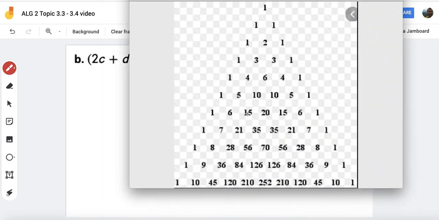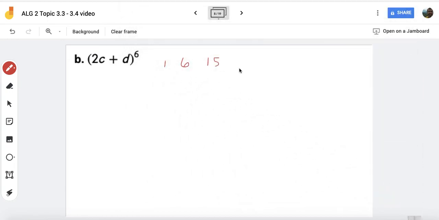The 6th row: 1, 6, 15, 20, 15, 6, and 1. That's from Pascal's triangle. A is going to be 2C, and B is going to be, as strange as it is, D. That's what we have here.